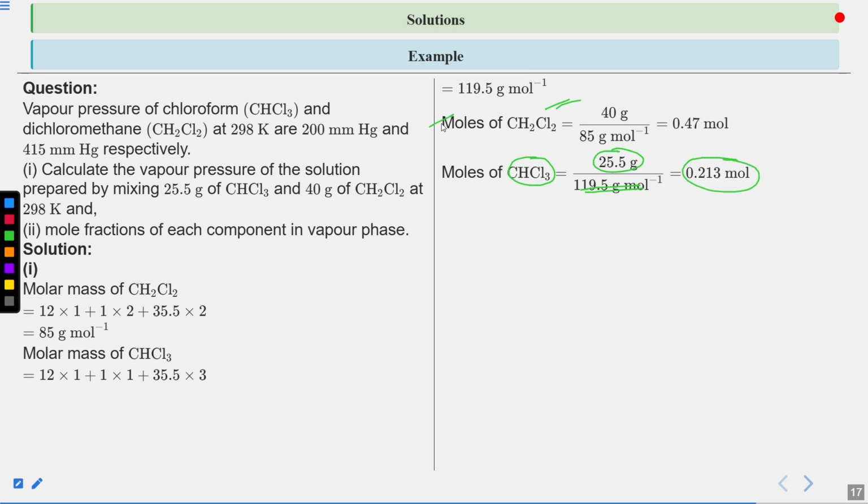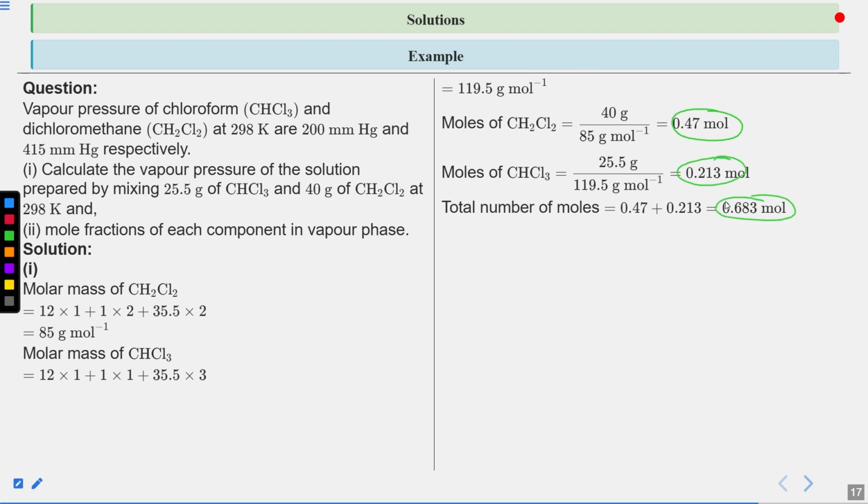Now we have the moles of dichloromethane and the moles of chloroform. Therefore, the total number of moles will be 0.47 plus 0.213, which equals 0.683 moles of the given solution. So this is the total number of moles, including the solute and the solvent.